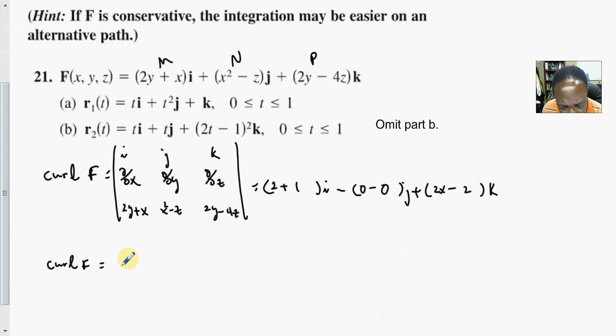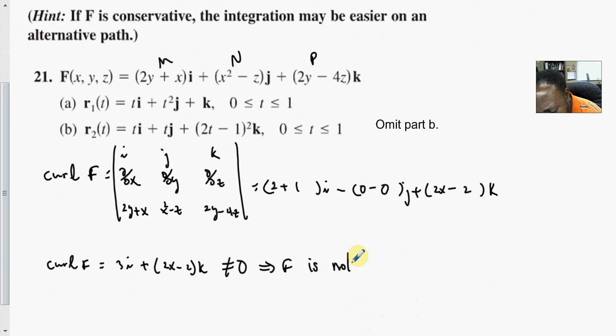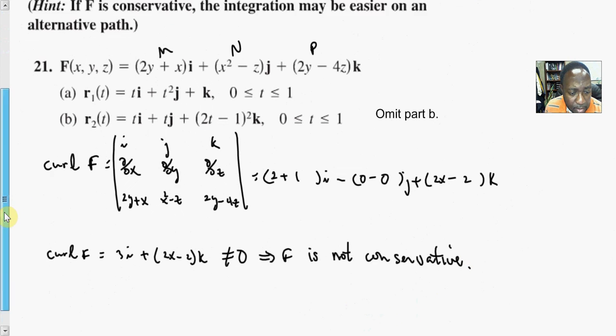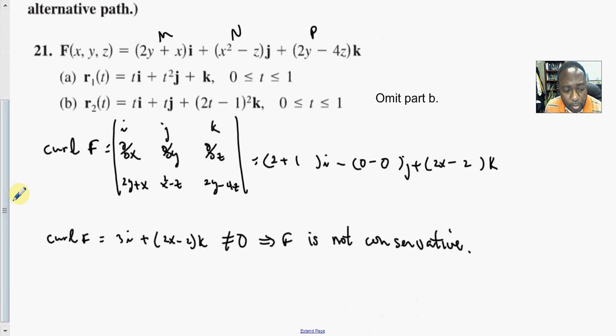So the curl of f is equal to 3i plus (2x minus 2) k. It's not equal to 0. This implies that f is not conservative. So since f is not conservative, we must find this line integral by computing it directly.